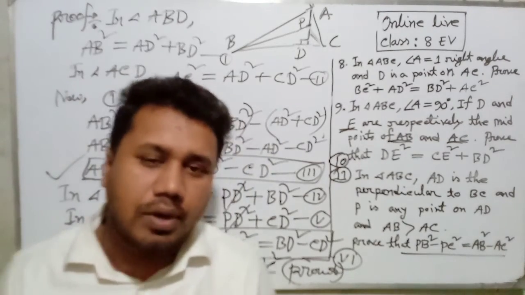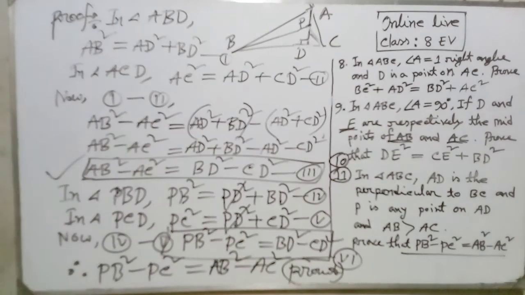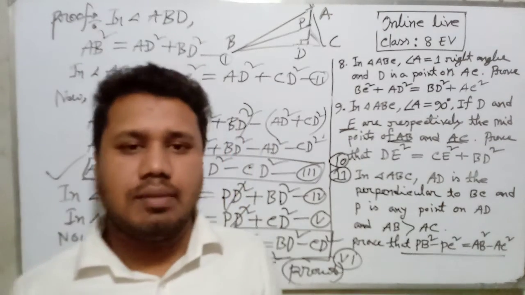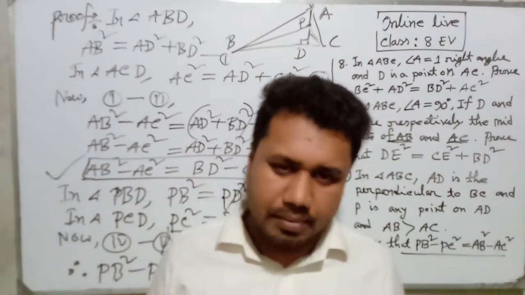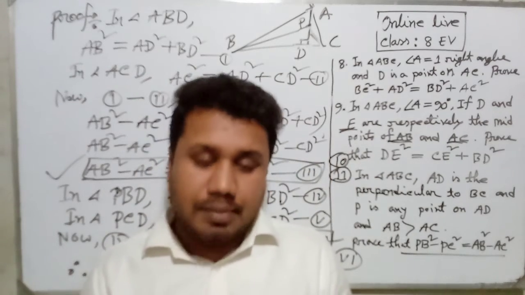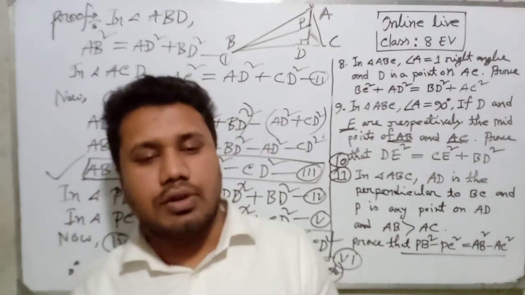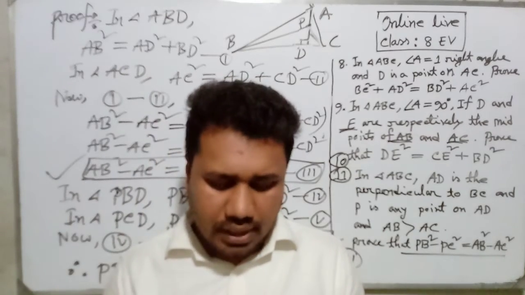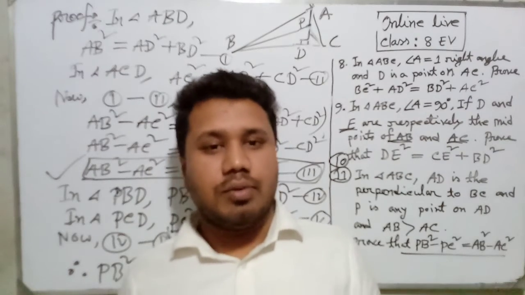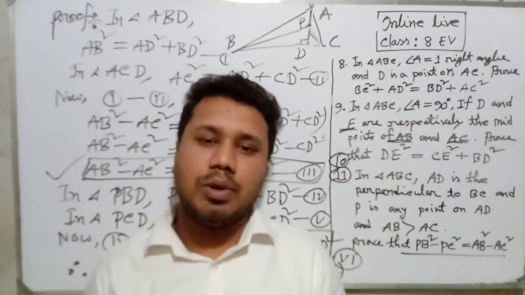Now today we will solve our 4 problems. And similarly, next you will get some MCQ. Problem number 12 onward, you will get some MCQ, and last you will get 2 creative questions, 22 number and 23 number. 22 number is our theorem of Pythagoras, and 23 number is already solved.